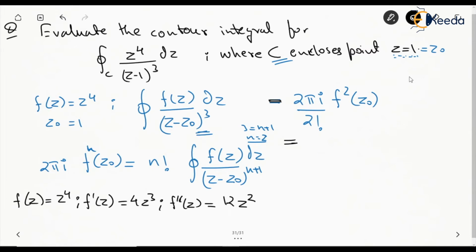So this value becomes 2 pi I, 2 factorial is simply 2, and we have to put 12z square for z equal to 1, right? Z naught is 1, so we'll put it 1. So when you put z equal to 1, this will be 12, 2 gets cancelled, and it is 12 pi I. So this will be the answer for this case.